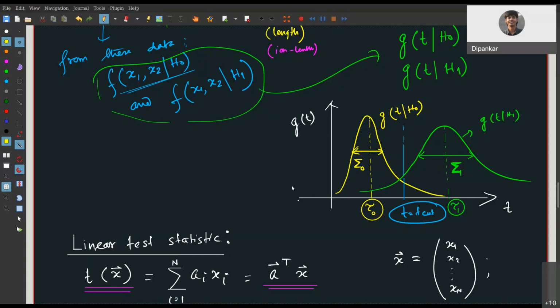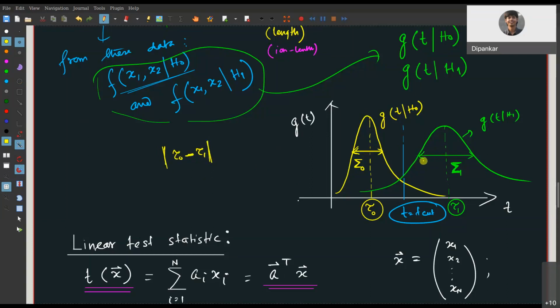The answer is, if the separation between the means is large, if these two peaks are separated enough, that means I am trying to maximize the magnitude of the difference between tau 0 and tau 1.